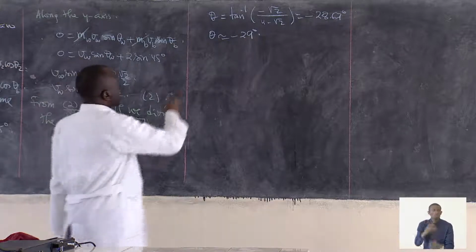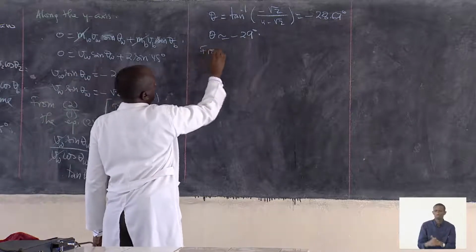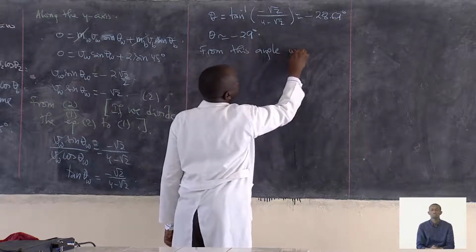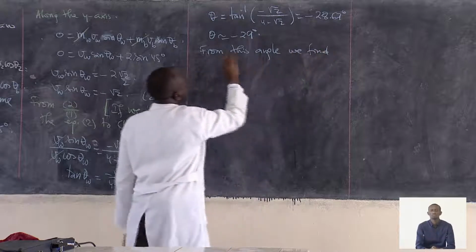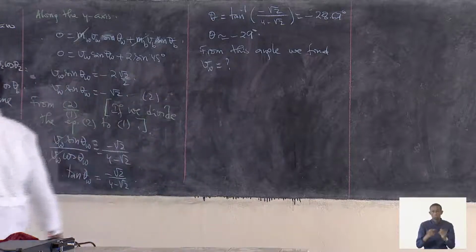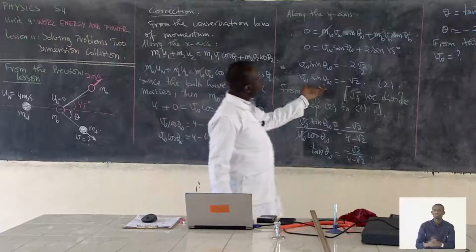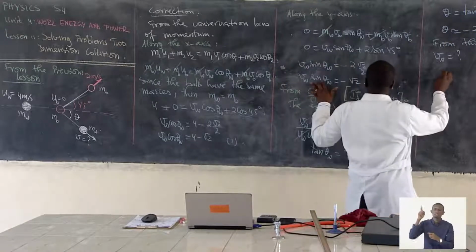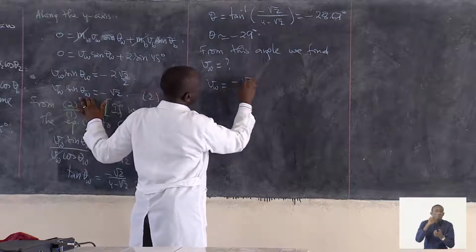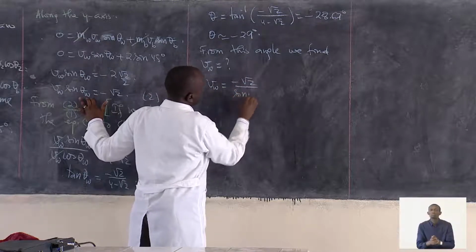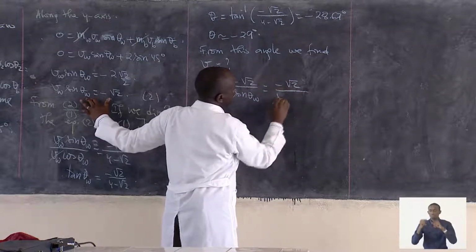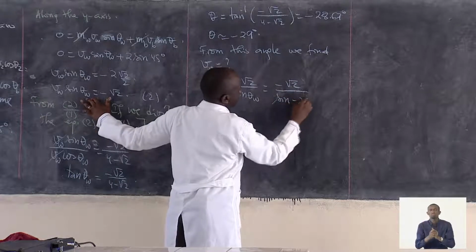And now let's use this angle. From this angle, we can find V of the white bar. So let's use this equation. We can use this one, or we can use this other one, but if we use this one, it means that we have V of the white bar equals minus square root 2 over sine theta of the white, and this equals minus square root 2 over sine minus 29 degrees.